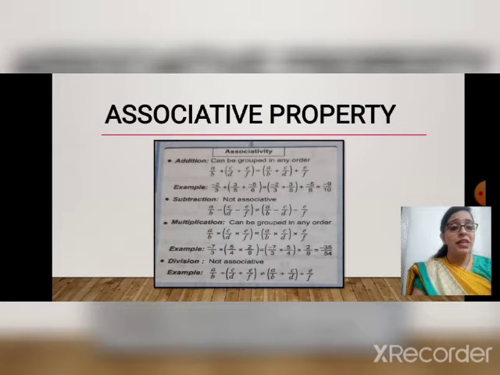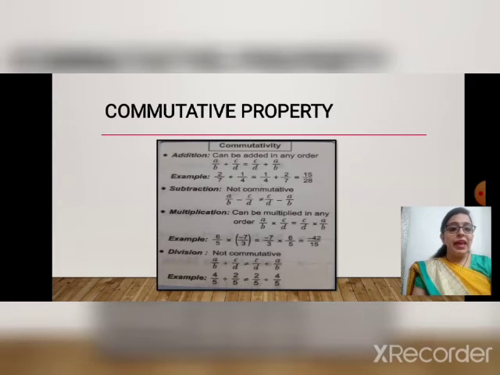Yes, it is not applicable. a upon b divided by c upon d divided by e upon f is not equal to a upon b divided by c upon d divided by e upon f when grouped differently. You can group in any order. It's all up to you, and you can take other examples on your own to find out whether they are equal or not. The next one is the commutative property.